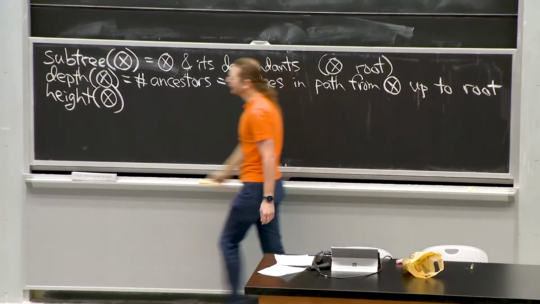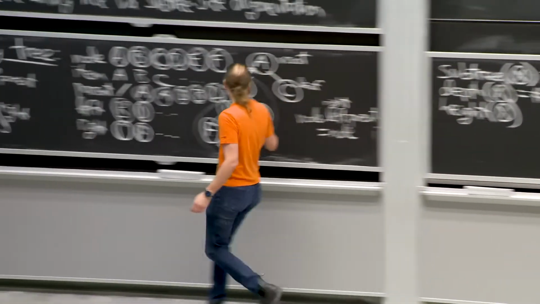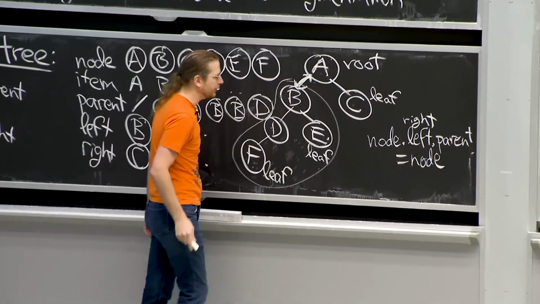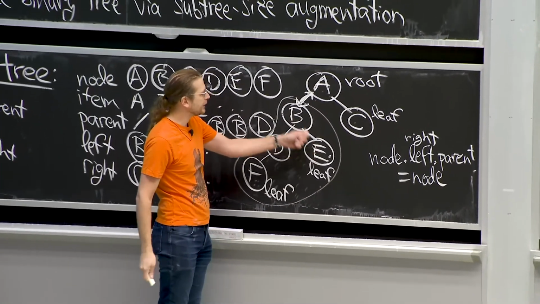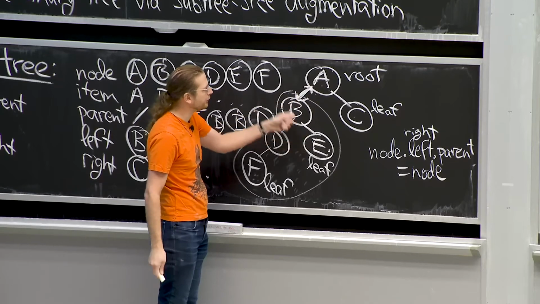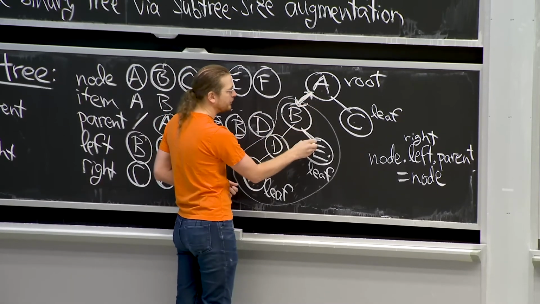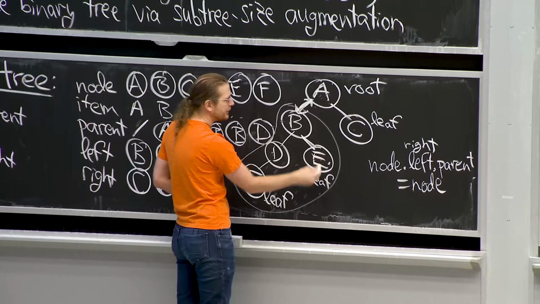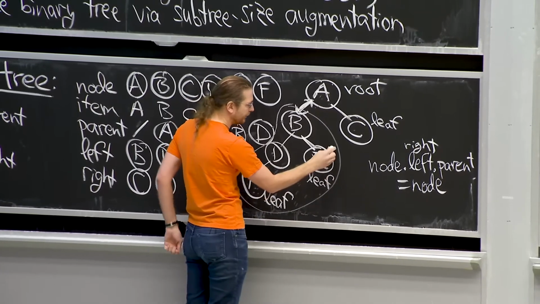So every node has a unique path that goes upwards until it can't go up anymore. So the depth of E is 2 because there are 2 edges, 1, 2, in the path from the root A to E. So maybe I'll write some depths.